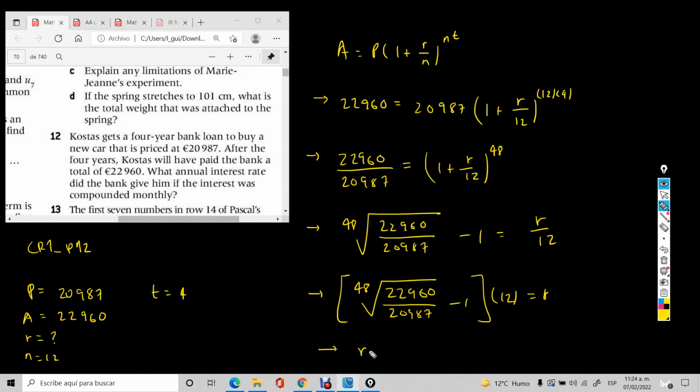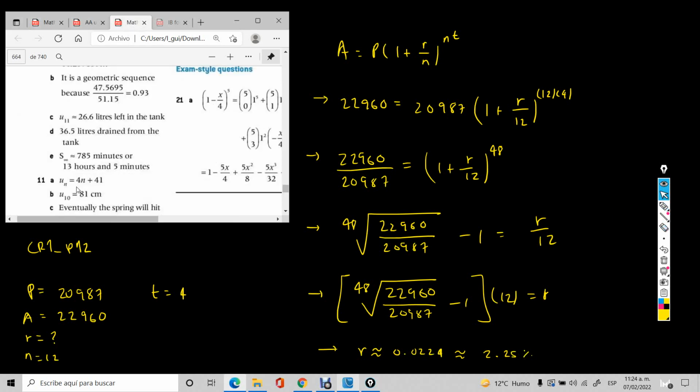So conclusion, R is roughly 0.0224, which, if we convert this to percentage, which is the way in which the R is usually written, should be 2.25%, which is a different answer from the one in the book.